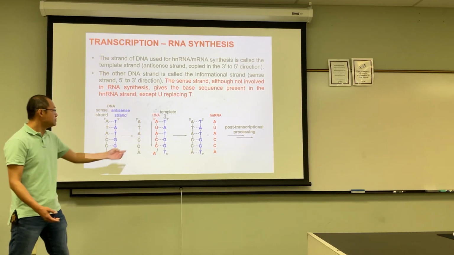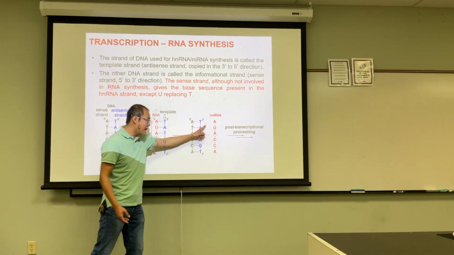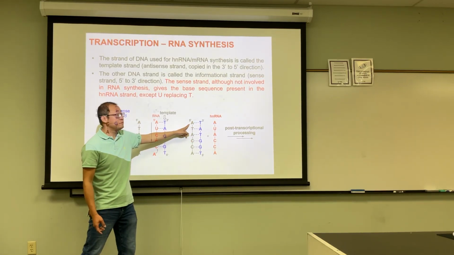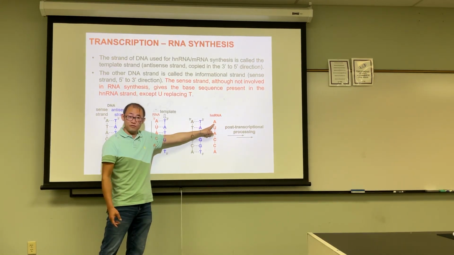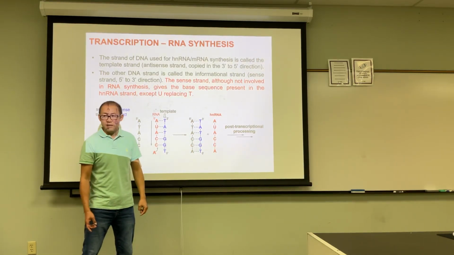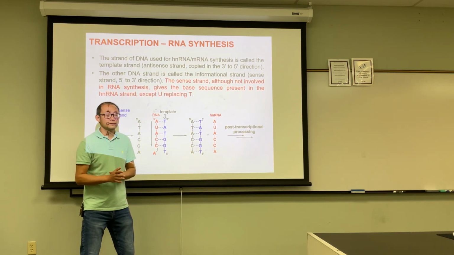Or sometimes you don't even need to make the pair. Just write the sequence the same as the informational strand, because after transcription, the hnRNA should have the same sequence as the informational strand. Does it make sense, guys? Let me know if it doesn't. What happens to the informational strand?